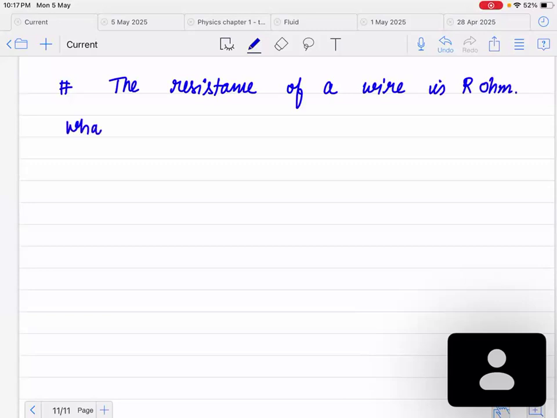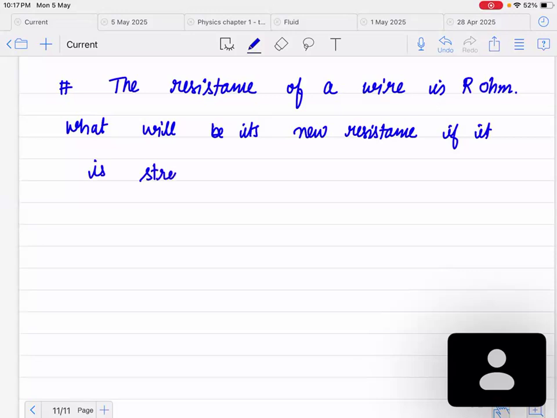What will be its new resistance if it is stretched to n times its original length?